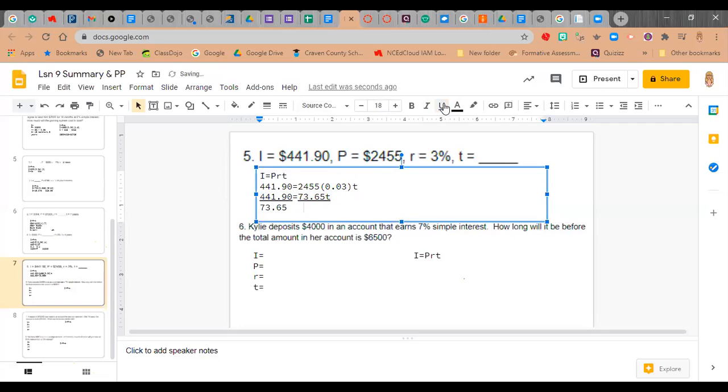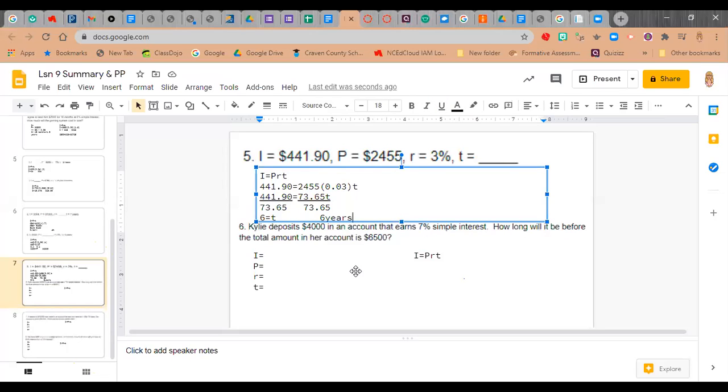All right, so what do we get? 6. So 6 equals t. And what does that 6 mean? Years. Means it will take 6 years to earn that much interest.